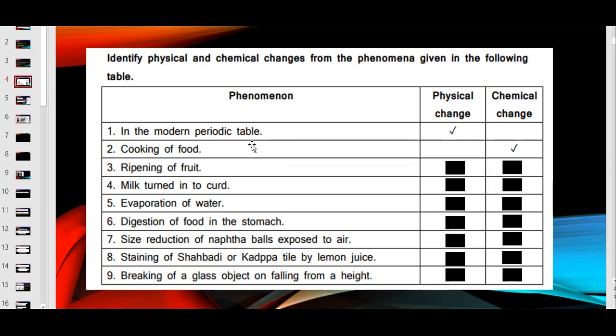Earlier, in the Mendeleev periodic table, the elements were not arranged in the proper form, because there were more elements yet to be discovered. Only 63 elements were discovered at that time, so he only placed those elements. After that, the new inert gases were also discovered, so for that he made another group known as the zero group, and he placed them there.